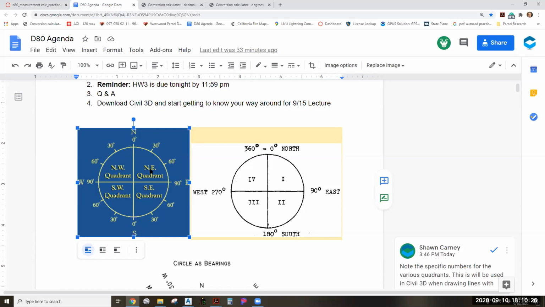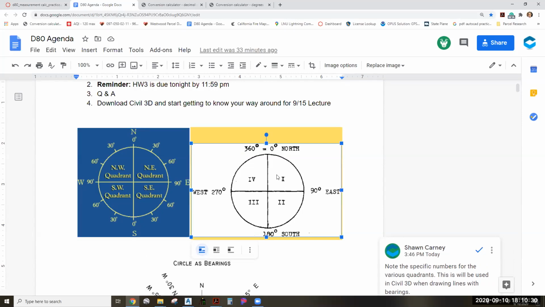Okay, if you look at the image to the right, it's the same exact thing. We have north up, south down, east to the right, west to the left, always the same. But what you'll need to know is that in CAD, when we start to draw lines in Civil 3D, CAD knows these quadrants by notations of 1, 2, 3, and 4.